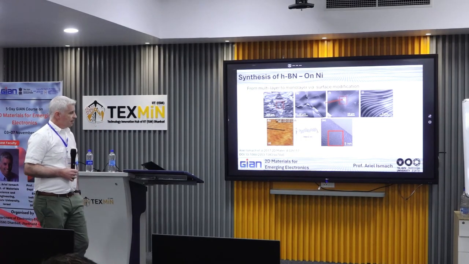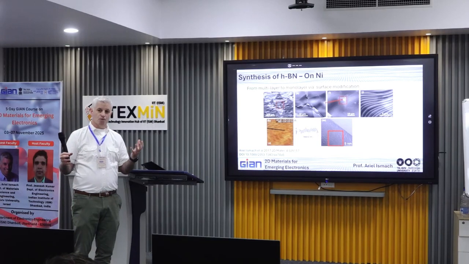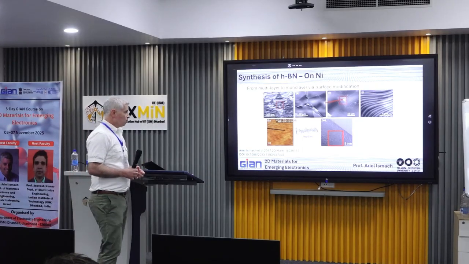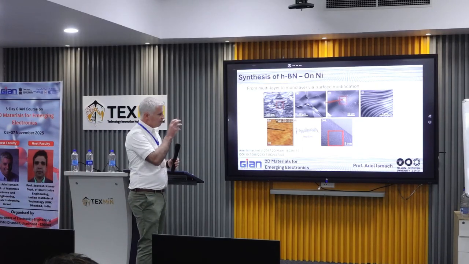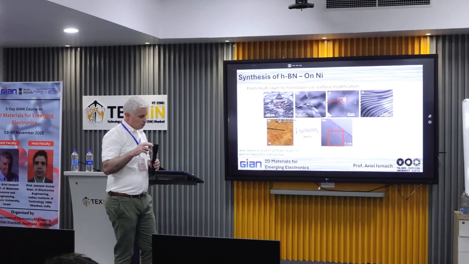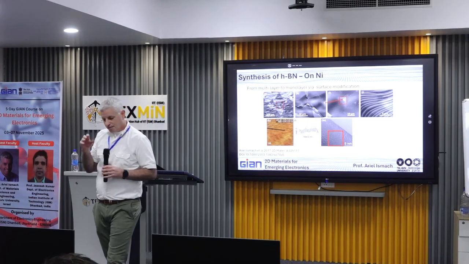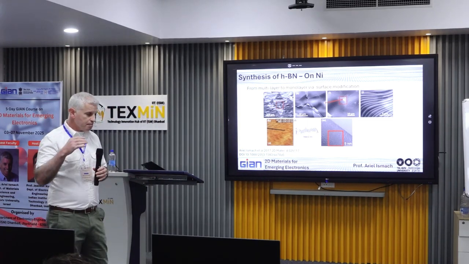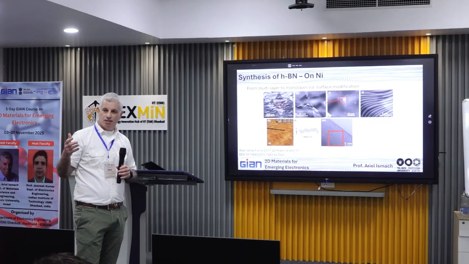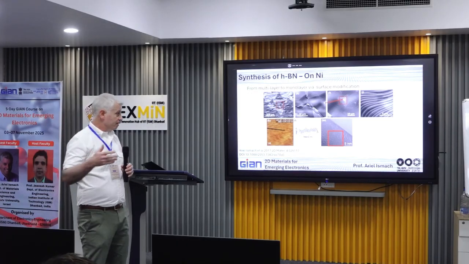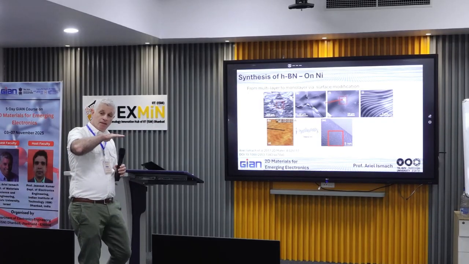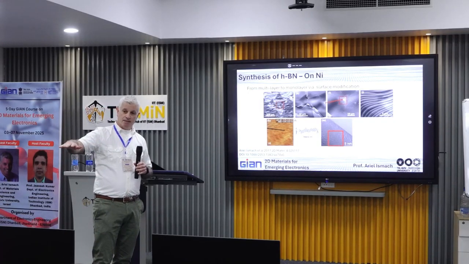Since we used two precursors for boron and nitrogen, we could separate between them. And what we did, in a very specific environment, actually it's very hard to make this, is we exposed the nickel to the boron, and because of the residual oxygen in the system, and maybe residual oxygen on the surface of the nickel, the boron reduced the nickel oxide, right?